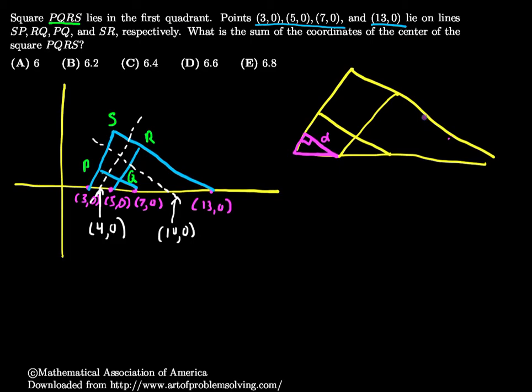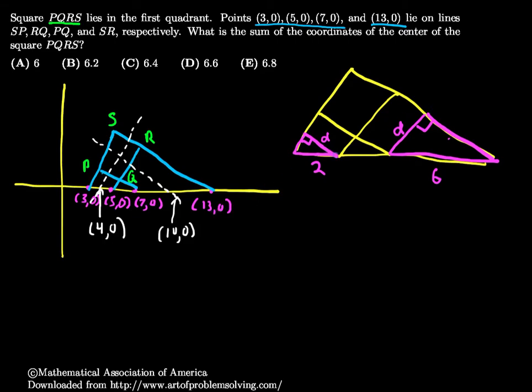Let me draw it here, which can be part of this right triangle out here. Okay, because I know this is 2, the distance from (3, 0) to (5, 0), and I know this is 6, the distance from (7, 0) to (13, 0).